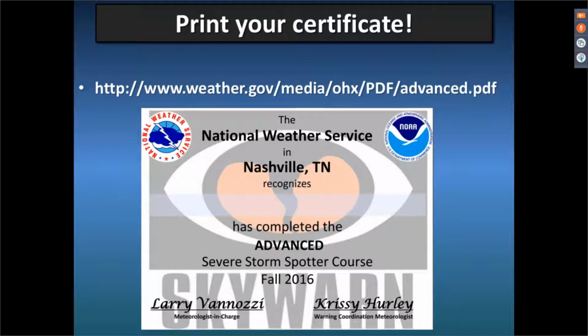It's a PDF file of this certificate, and you can put your name in the PDF file and then print it out, and that's considered an official advanced spotter certificate of this course. The date is actually correct. I know on the screen it says fall of 2016, but it's correct when you go to the link. So hopefully that all works for everybody. I'll leave that up on the screen so you can write that down and go print out your certificate.